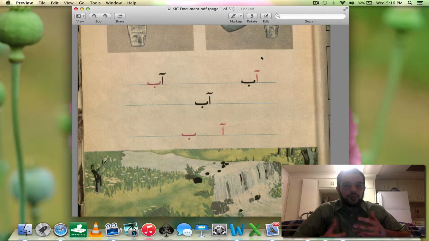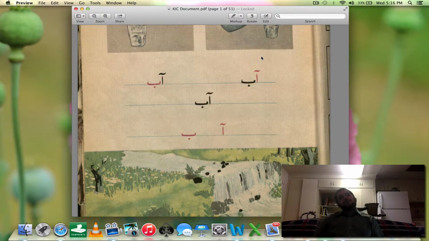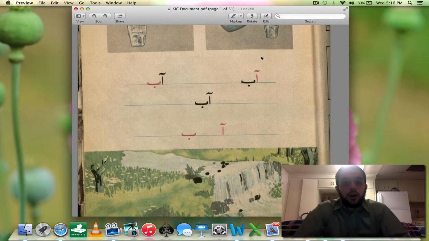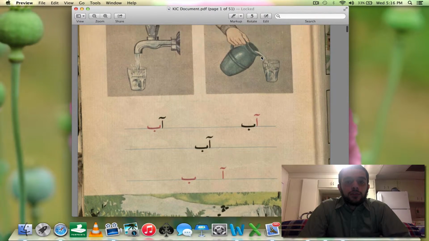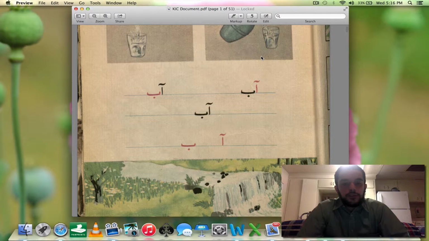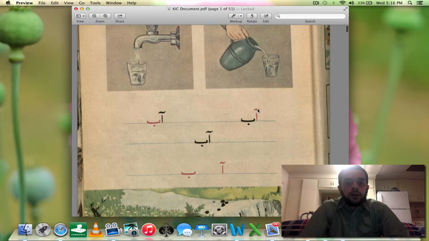So let's begin. Let's start with the first lesson. What do we have here? We have ab. We have two letters, or rather, we have two forms of two different letters, and hopefully that'll make sense in the future videos. So what do we have? We have ab, ab. And as you know, like Arabic, Farsi reads right to left.